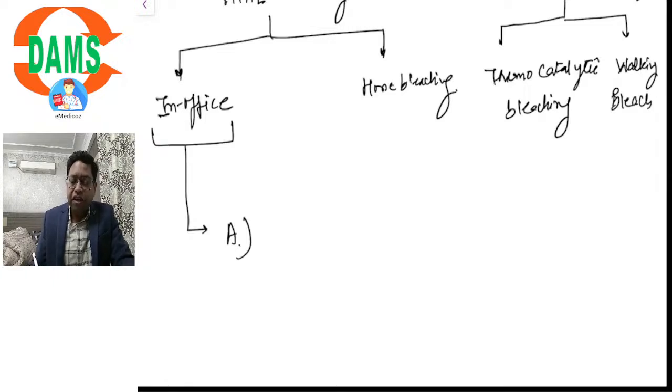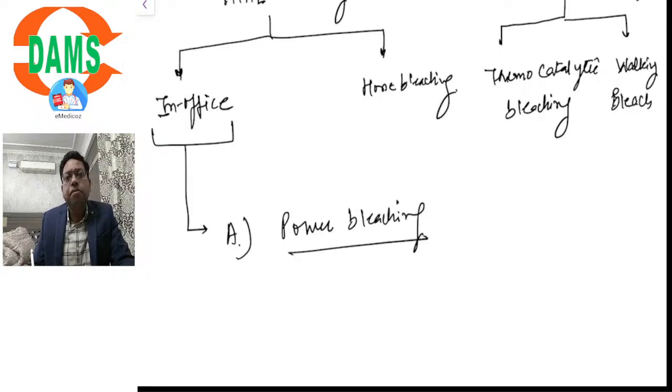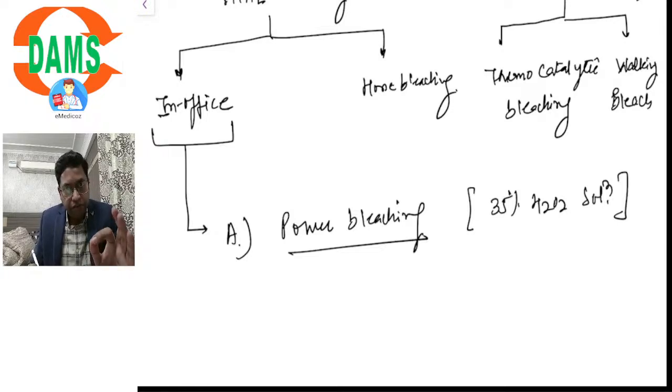In-office bleaching of vital teeth is also called power bleaching. Why is it called power bleaching? Because we are using a highly concentrated 35% hydrogen peroxide solution, that is Superoxol. Such a highly concentrated hydrogen peroxide solution is really caustic to the tissues.